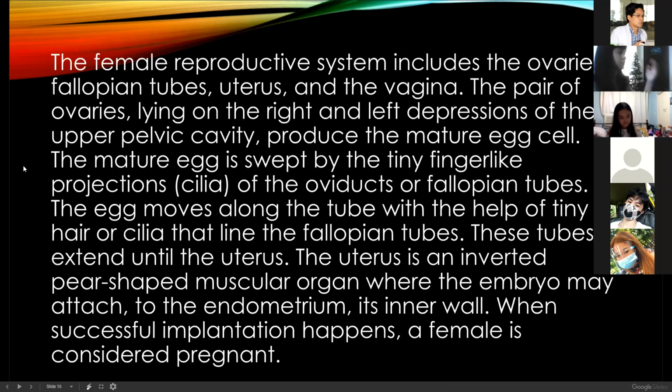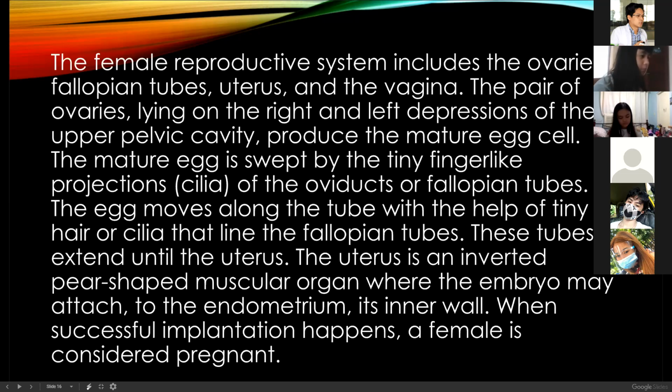The female reproductive system includes the ovaries, fallopian tubes, uterus, and the vagina. Those are the main parts. The pair of ovaries lie on the right and left depressions of the upper pelvic cavity. That is why you should be careful of your pelvic cavity, because your ovaries are there. They produce immature eggs.